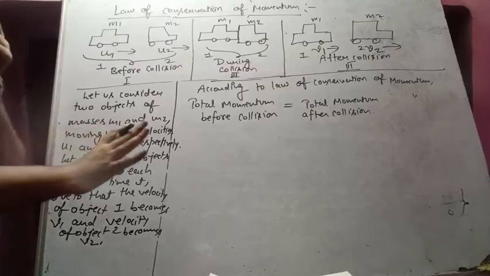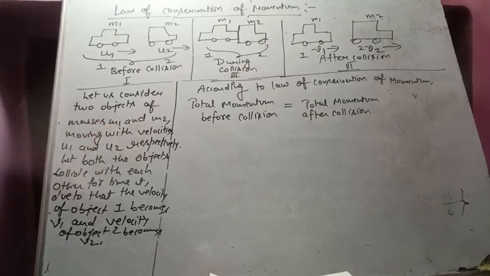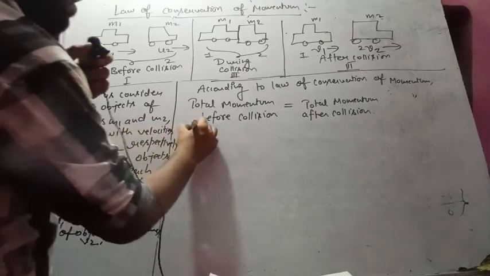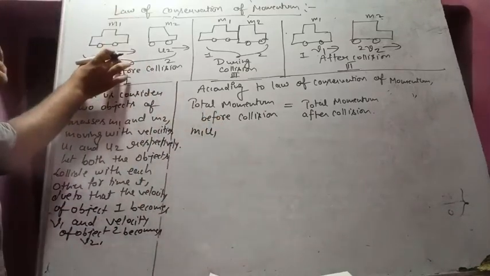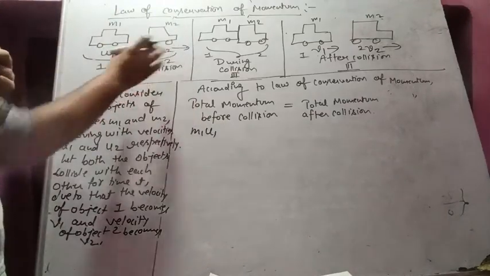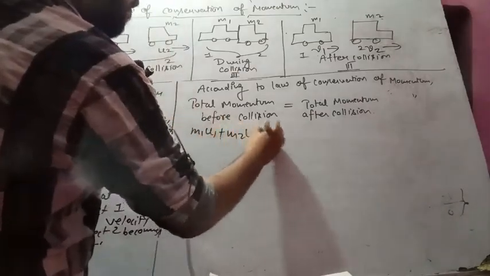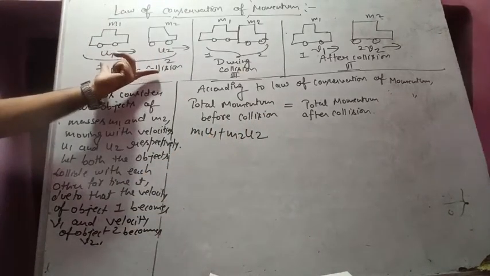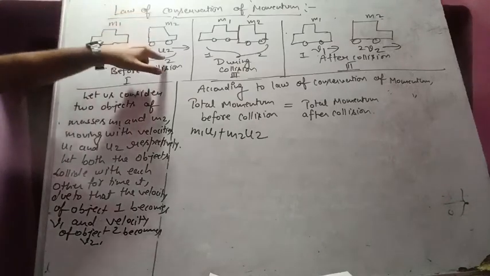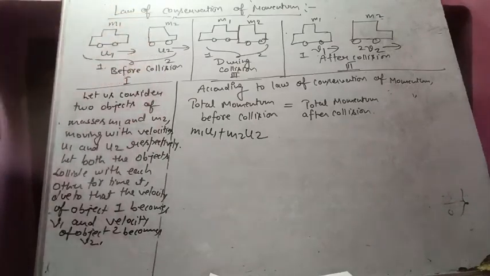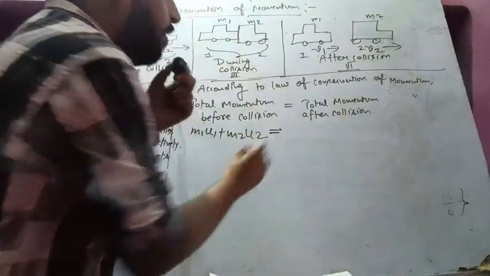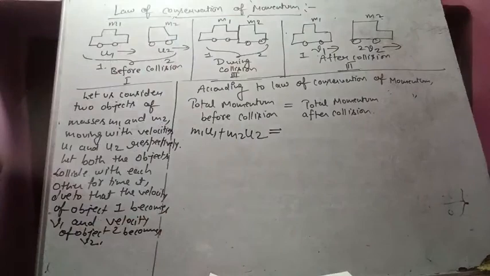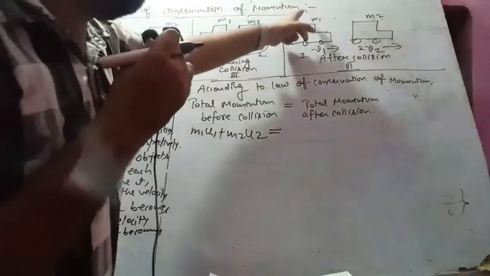So what is the total momentum before collision? Firstly, try to understand it. This will be m1 u1, the momentum of the first. Now what is the momentum of the second? m2 u2. So total momentum before collision is m1 u1 plus m2 u2. This is by the law of conservation of momentum, should be equal to total momentum after collision.